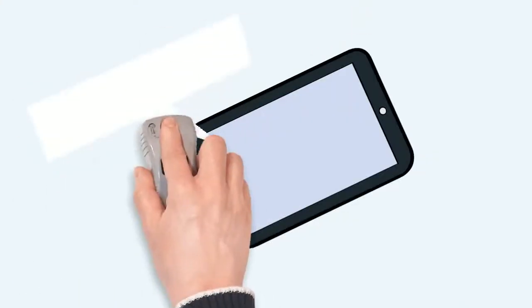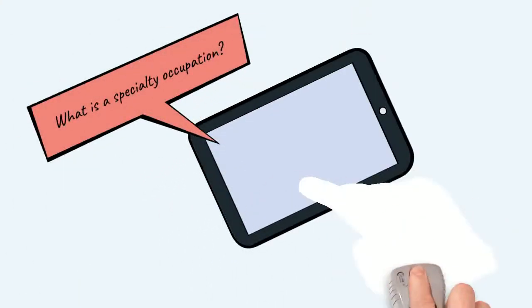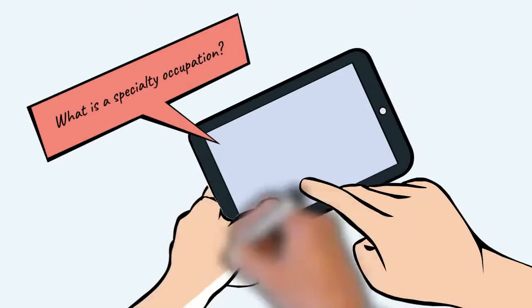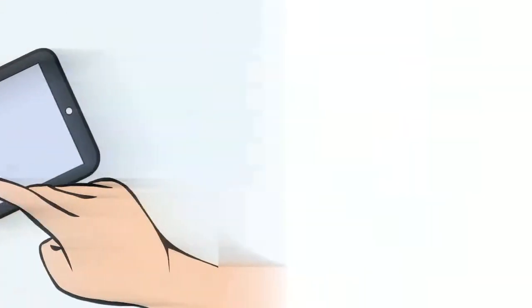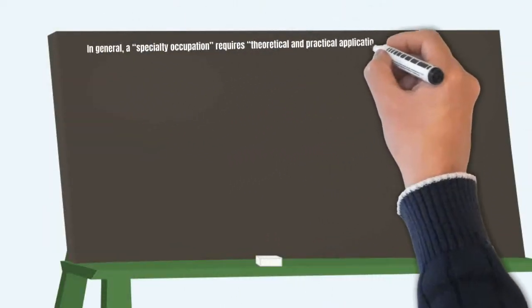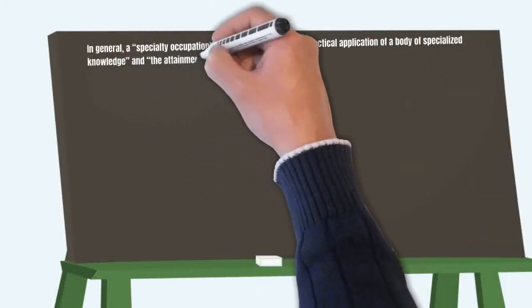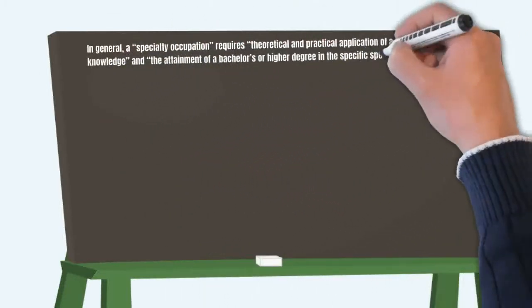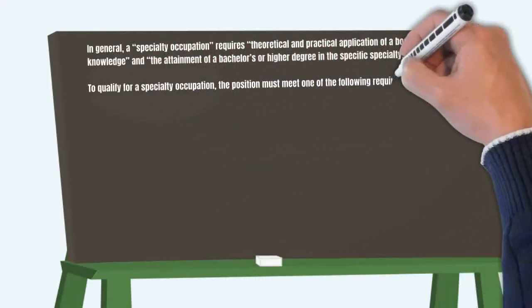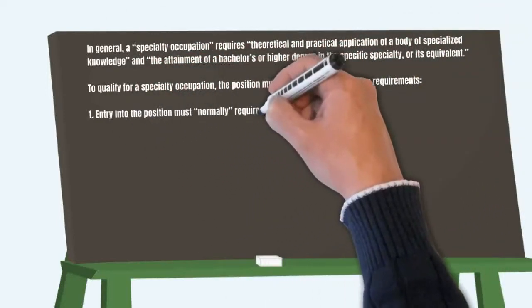What is a specialty occupation? In general, a specialty occupation requires theoretical and practical application of a body of specialized knowledge, and the attainment of a bachelor's or higher degree in the specific specialty, or its equivalent. To qualify for a specialty occupation, the position must meet one of the following requirements. 1. Entry into the position must normally require, at a minimum, a baccalaureate degree or higher. 2.